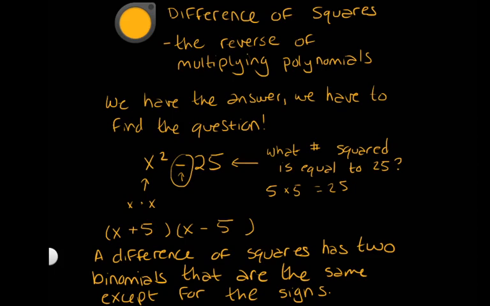So x plus 5, x minus 5. That is a difference of squares. And I'm going to show you why this works.